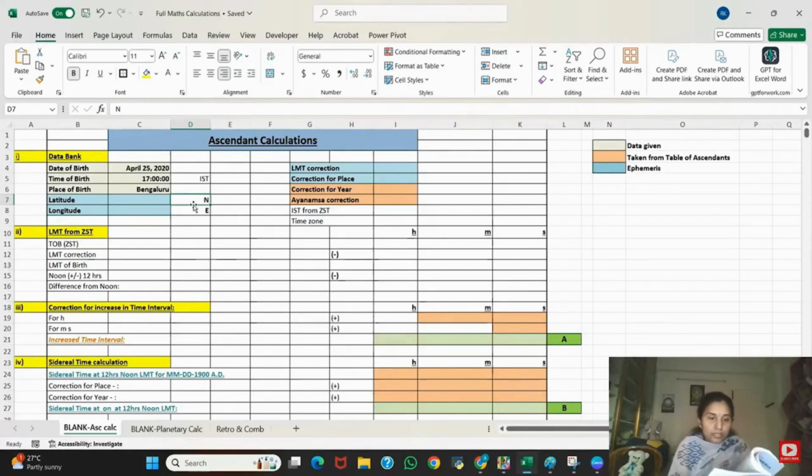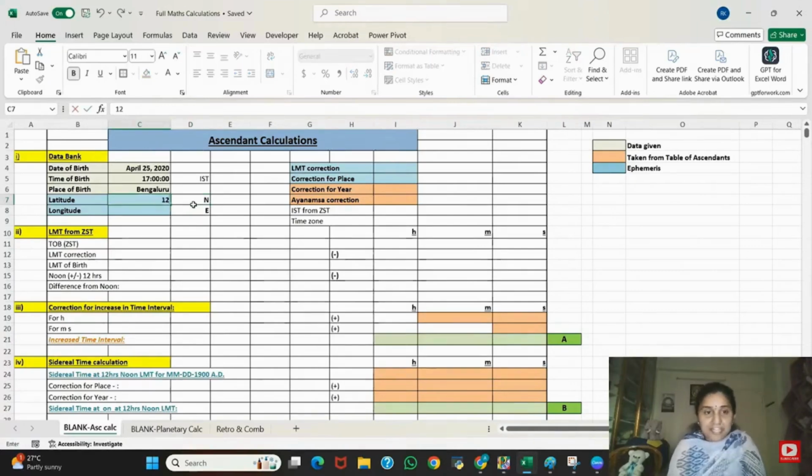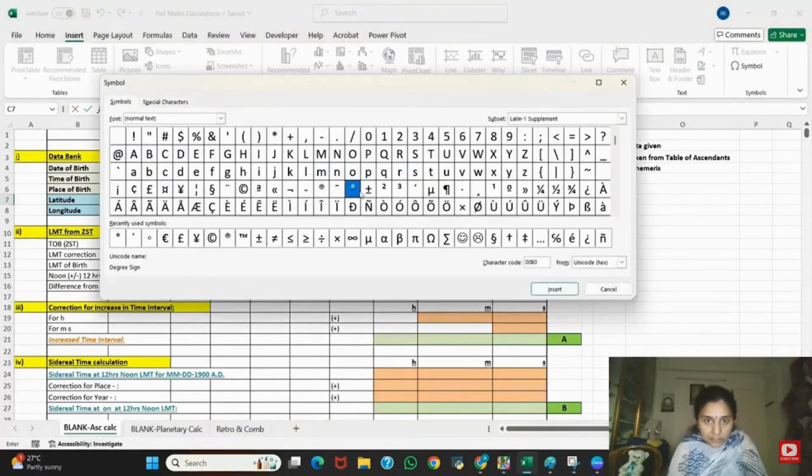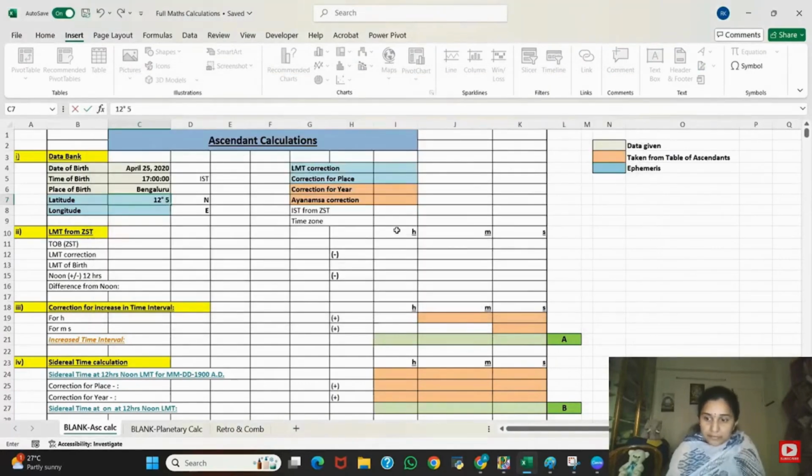If I go here for the lat and long of Bangalore, I get 12 degrees 58 minutes north and 77 degrees 36 minutes. So I have to write here 12 degrees 58 minutes, using the degree symbol which we have here. Then it is north.